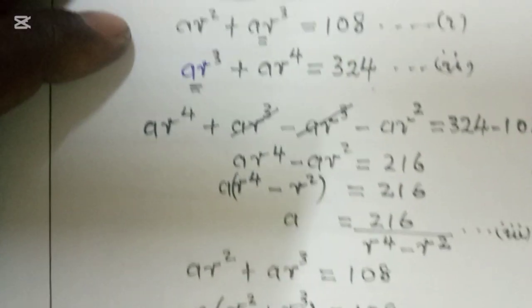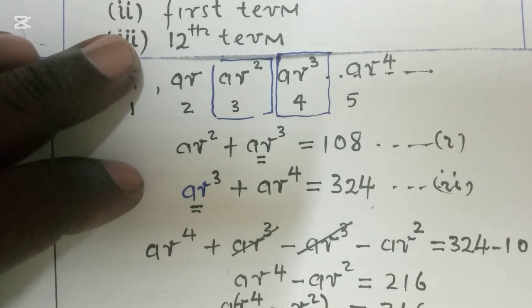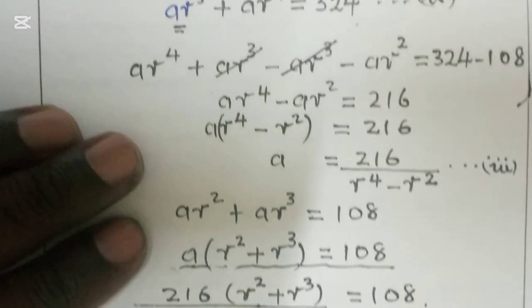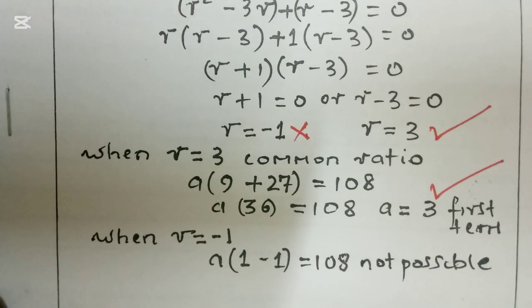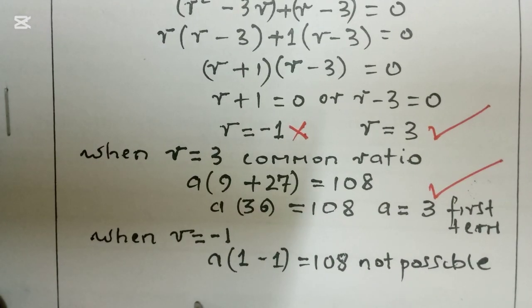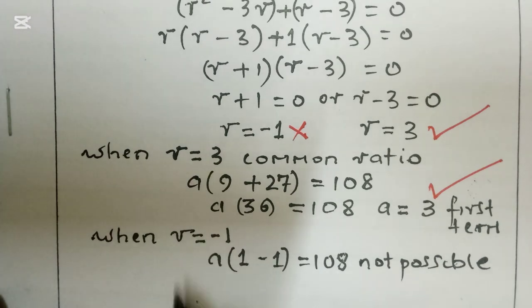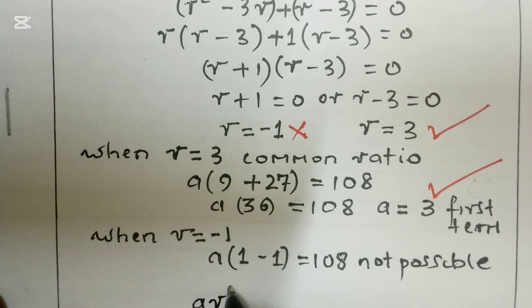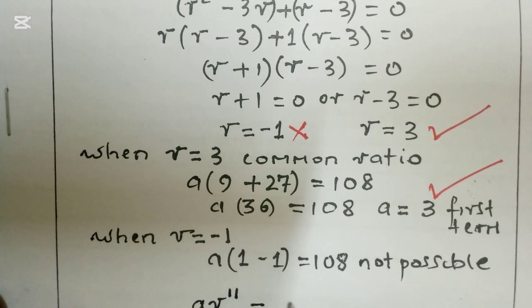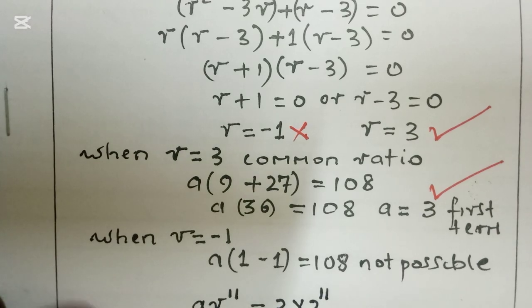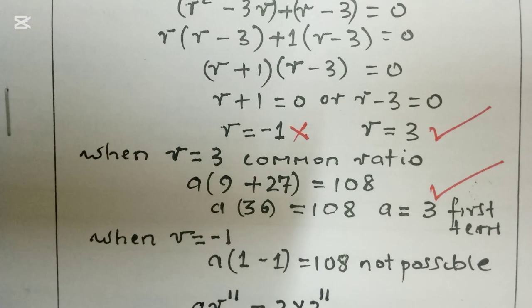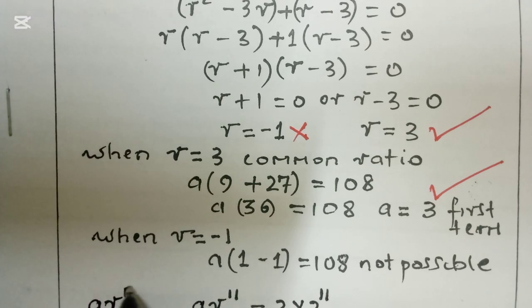And finally, we are being asked here to find the 12th term. The 12th term is actually very easy, because we are just going to use the equation for finding the term, that is a r raised to 11. So this is going to give us 3 multiplied by 3 raised to 11, because we are looking for the 12th term, and for the nth term the general equation is a r raised to n minus 1.